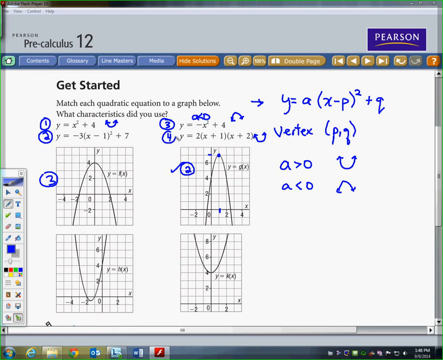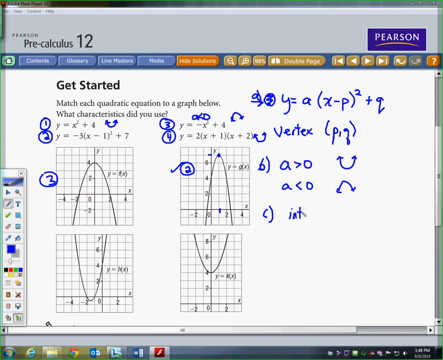Some other characteristics: the one big tool that we talked about was, if we have this in this form, the vertex is at (p, q). The other is looking at the a value or the leading coefficient. Another good way to take a look at it is the intercepts.